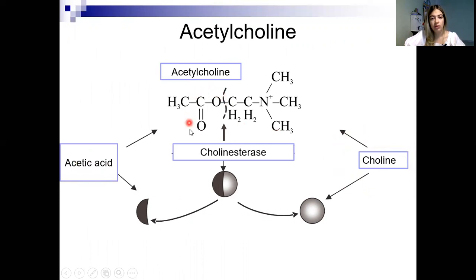So that's why there is such a characteristic group of the esters, this COO, yes, and the enzyme cholinesterase can break it in this place, because this is the ester and the esterase means that it breaks the esters. So that's how we get our parts, acetate and the choline, by the help of this enzyme.